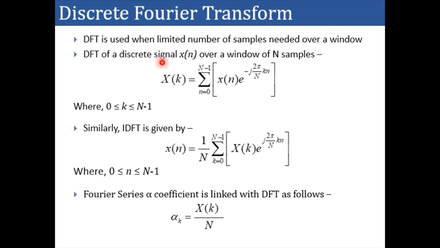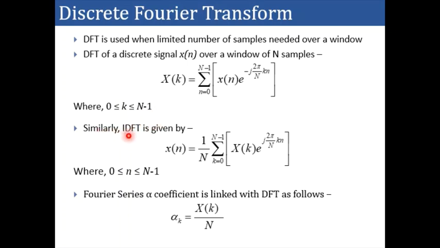The DFT of a discrete signal, let's say x(n) over a window of capital N samples, can be defined as X(k) is the summation of n equal to 0 to N minus 1 of x(n) e to the power minus j 2 pi by capital N k n. The value of k ranges between 0 and capital N minus 1.